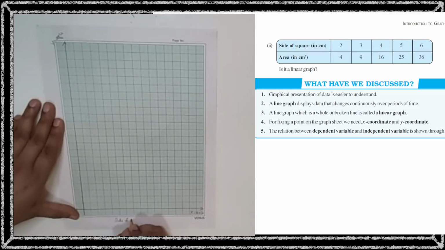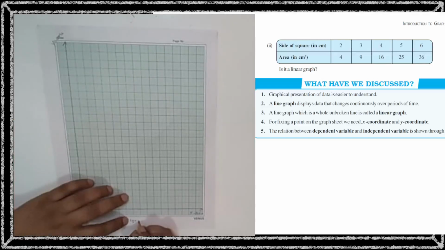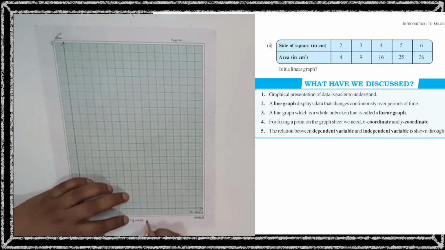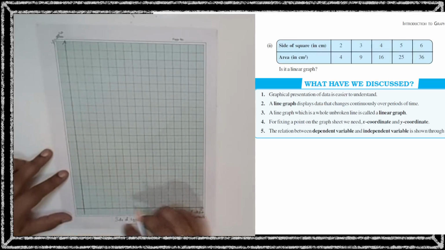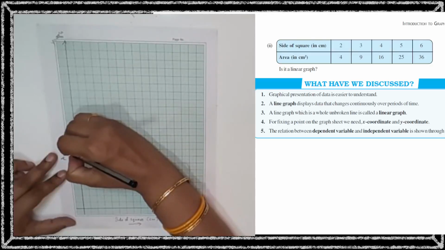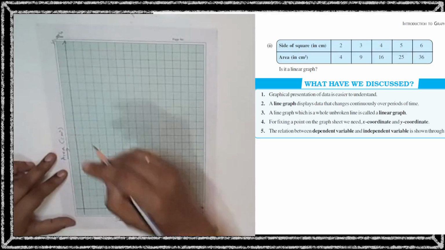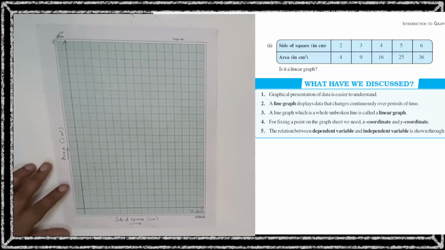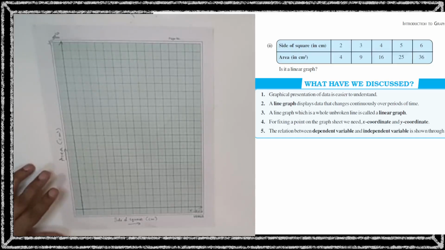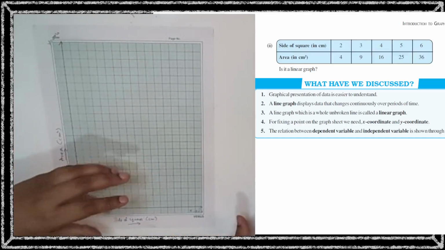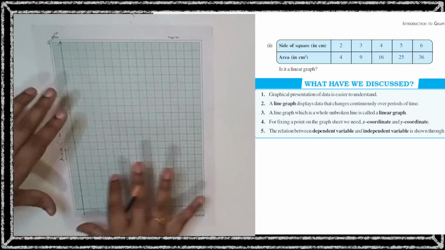So although the questions in this chapter are very simple and straightforward, students tend to lose marks usually in this topic. The only reason being, like I said, in that atmosphere, you find it a bit overwhelming to get away from the paper and then take a graph sheet and do everything.